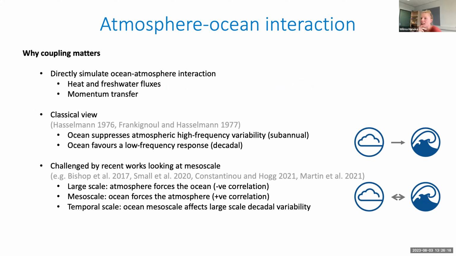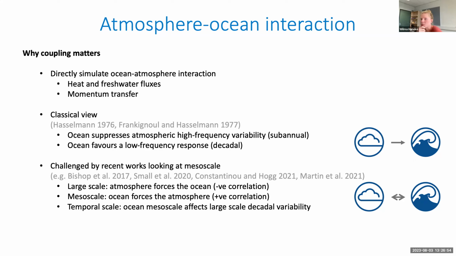I'm not going into detail, but the idea to increase the ocean resolution is that often atmosphere-ocean interaction is seen as a one-way street, from the atmosphere to the ocean, and the ocean is just responding to the large-scale atmospheric forcing and the small-scale variability in time and space. It's kind of just seen as noise.